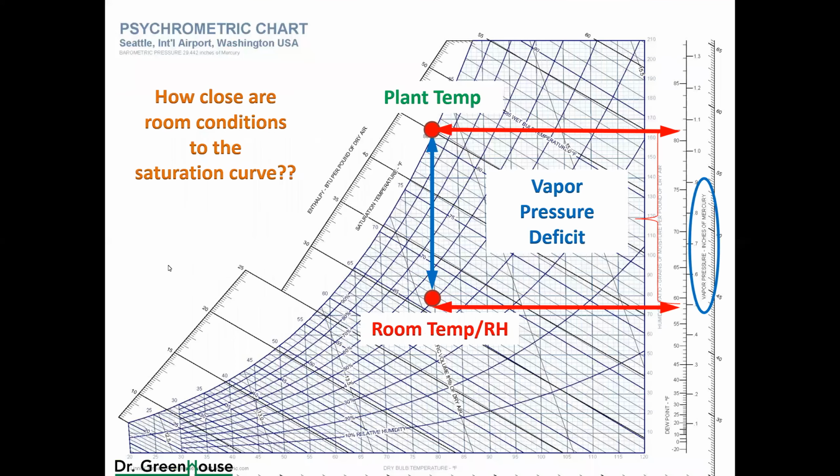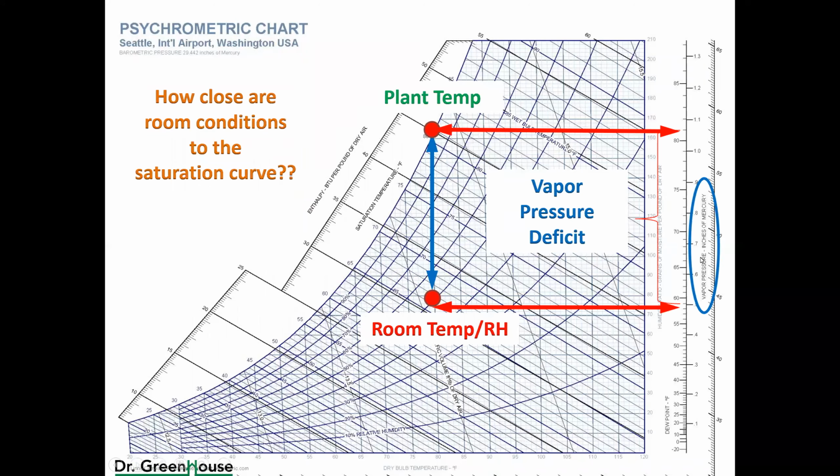So if we looked at a psychrometric chart, we could say, okay, we're in a greenhouse at 80 degrees and 60% relative humidity, and this is where we would be on the chart. Okay, this would be your relative humidity. And over here, we could go all the way over here on the right side of the chart. So I'm throwing a psychrometric chart at all of you. Maybe some of you are familiar.